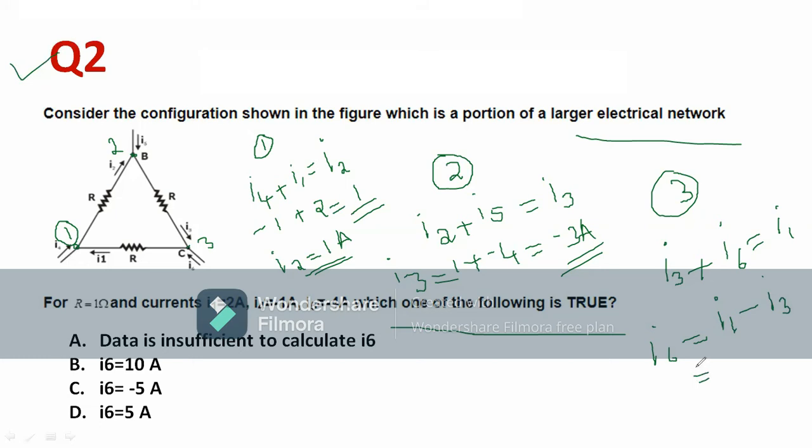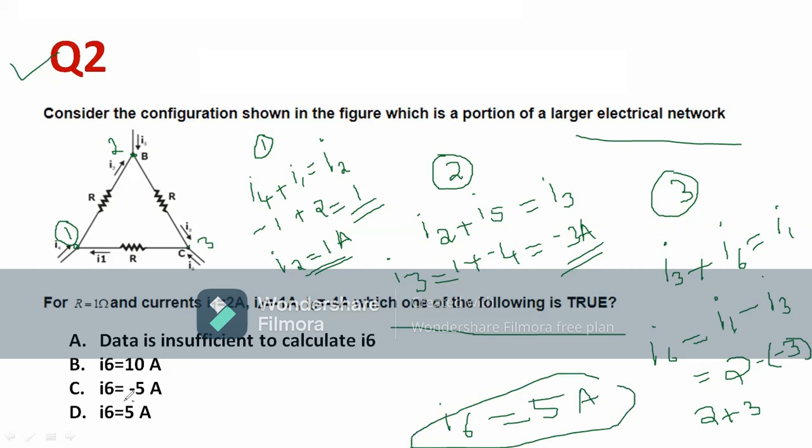I1 and I3 we already calculated. So 2. What is I3? I3 means minus 3, right? Minus of minus 3. So what is minus of minus 3? It is plus only. 2 plus 3. So therefore I6 is equal to how much? 5 ampere. I think you are agreeing with me. So it is having the definite answer. So better choose option D. Option D is the correct answer.